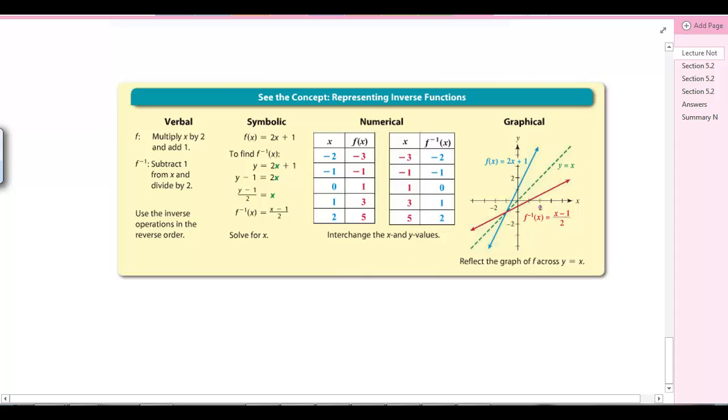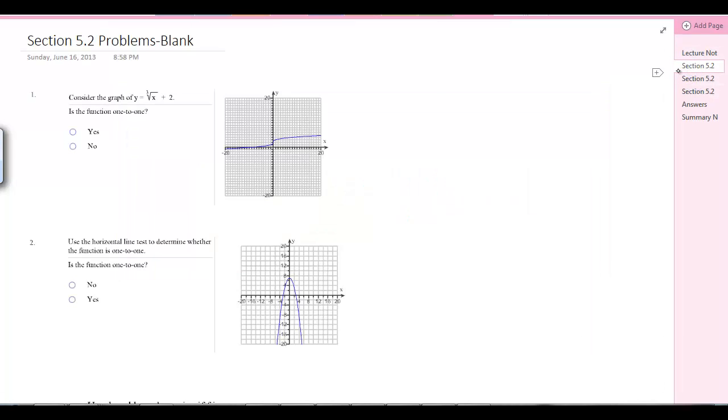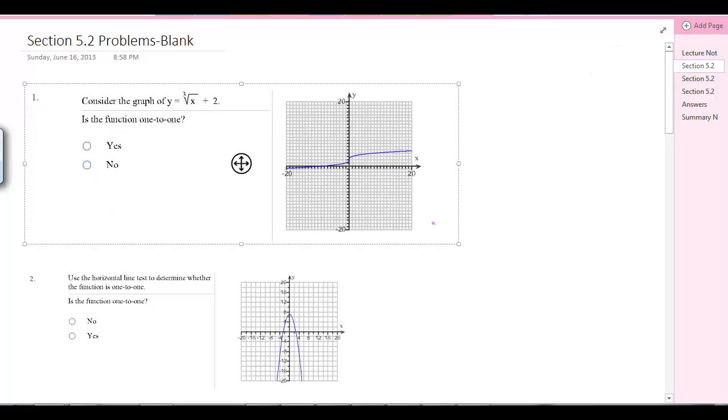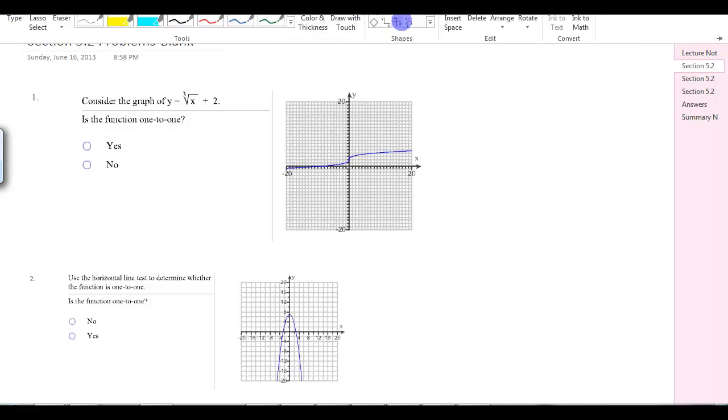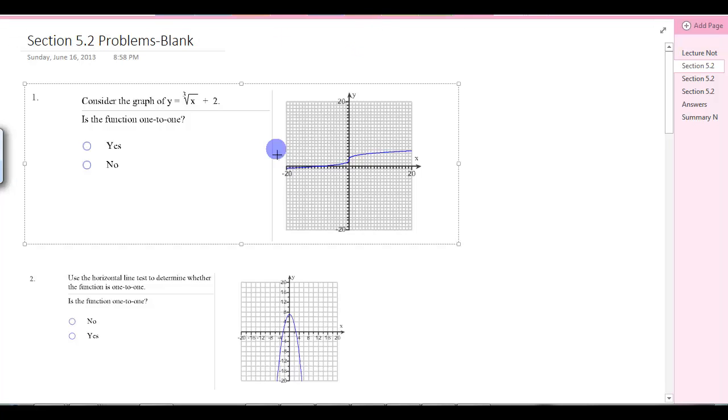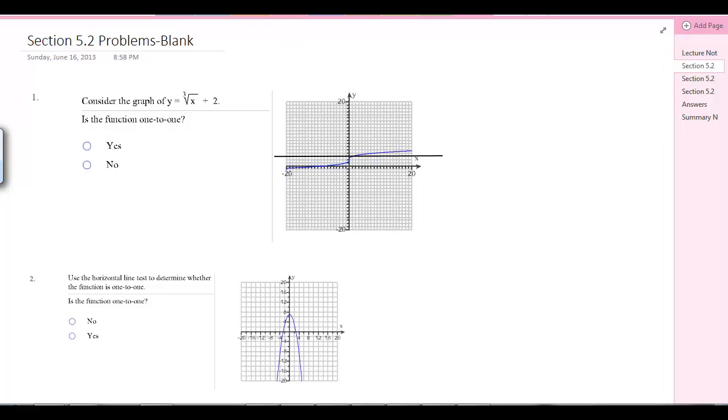All right, let's look at some problems and see how we can do on those. All right, let's make this a little bit bigger. Consider the graph of y equals the cube root of x plus 2. Is this function 1-to-1? If I'm going to draw a line through here, how many places did I hit?